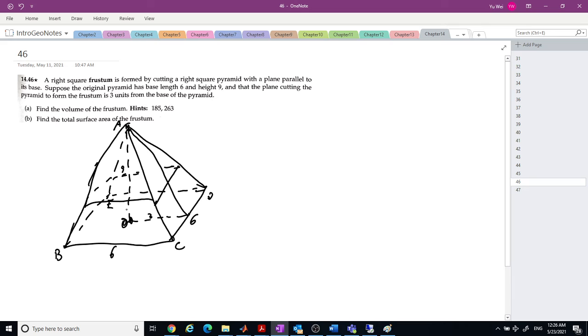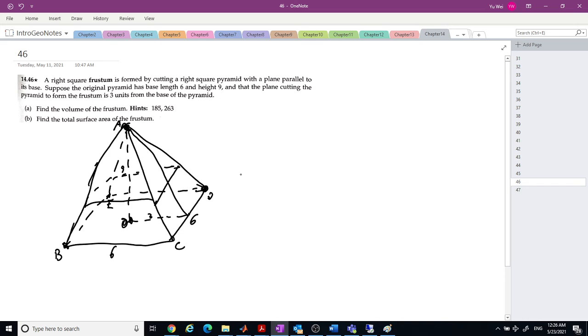So we can use the volume of the original pyramid minus the one we cut off, then it's the rest.